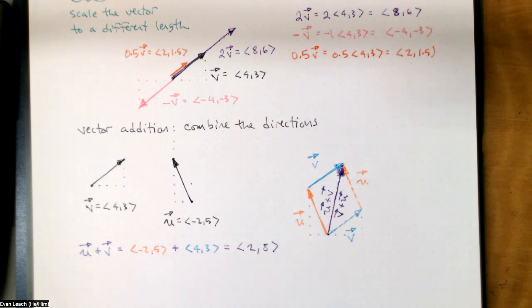When we use scalar multiplication and vector addition to combine vectors, we are making what's called a linear combination.